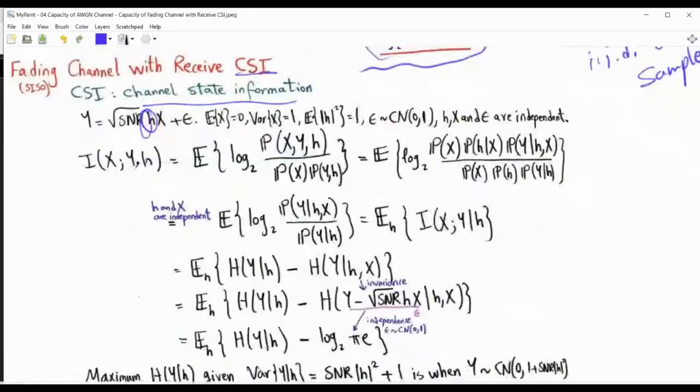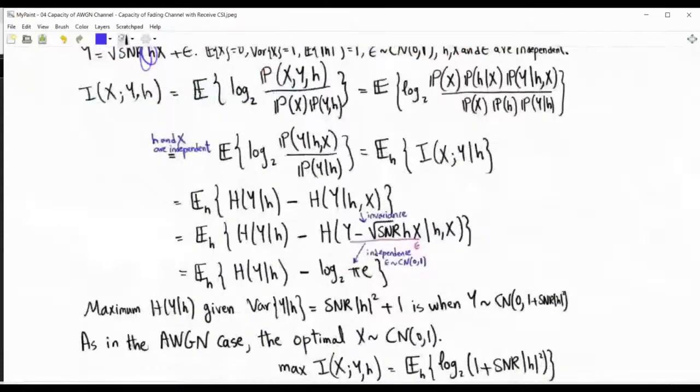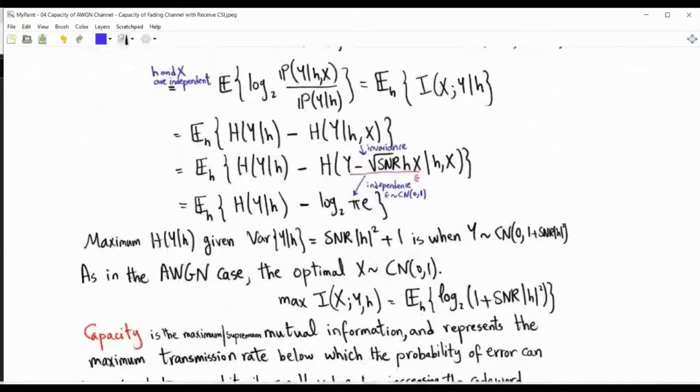You can go through these lines, which resemble what we did here, and you end up with log 2 of 1 plus SNR, but you have to take the expectation with respect to H. It's something like what we did for probability of error: compute the probability of error given H and then average over H. So the fading channel capacity is very similar to the log 2 1 plus SNR expression.